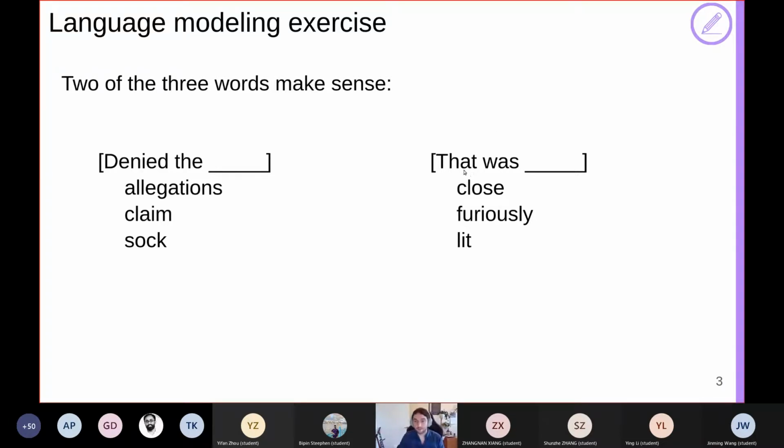Similar to that, we have this other sentence here. That was closed. That's probably likely. That was furiously. It doesn't even make sense grammatically. That was furious, maybe, but even that was furious would be weird. That was lit. Yeah, okay, that could be a word that comes after that. So what I wanted you to understand here is the intuition that there is some expectation.